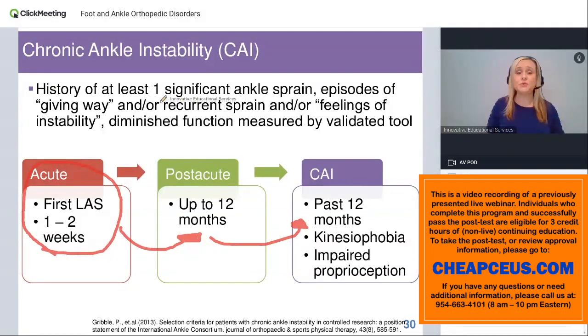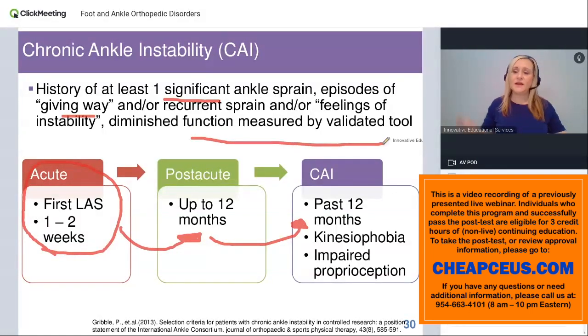So it's an individual who had one ankle sprain, but they have these feelings that their ankle is giving way, like they can't trust it, or I think I'm going to resprain it, or it actually has resprained, where it just doesn't feel right. And then function has been identified as being compromised based on different tools that we utilize.